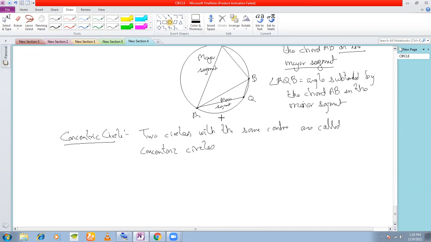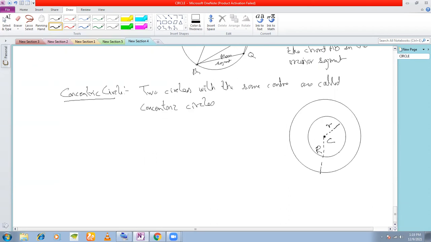So you have two circles, one circle here, and the other circle like this. Both these circles have the center here, C. This is the radius of the smaller circle. This is the radius of the bigger circle, right? With this kind of figure we have done in mensuration, right? Yes, sir. So these are called concentric circles. Both the circles are called concentric.